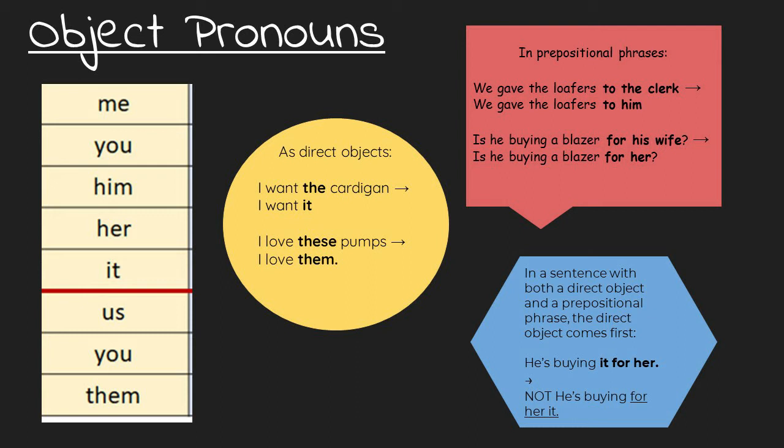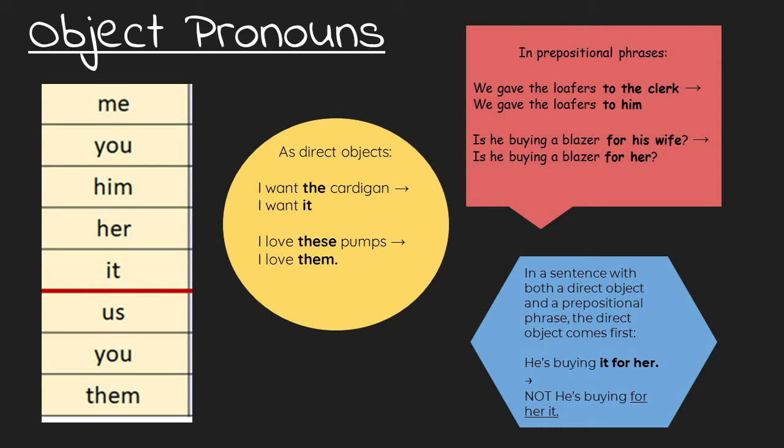But if I want to say it with a pronoun, I can say "I gave the loafers to him." Why? Because the clerk is a person. It could be she or he, it depends on the context. In this case, I can say that it is he, so that's the reason that we are using him, right?